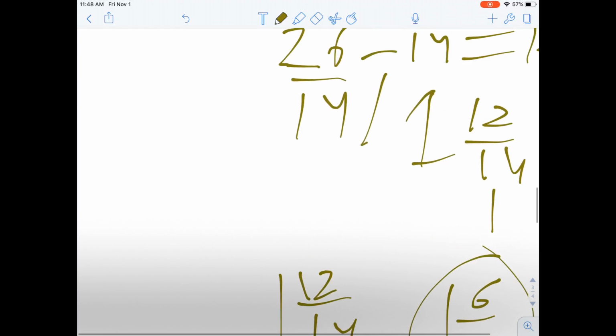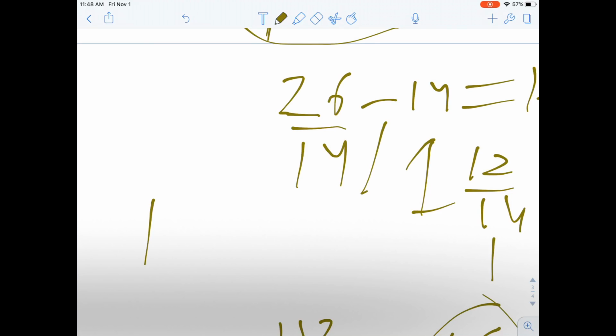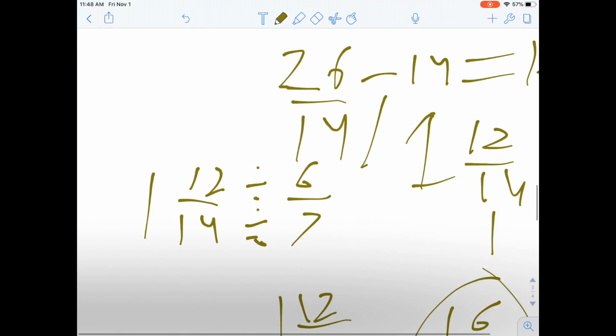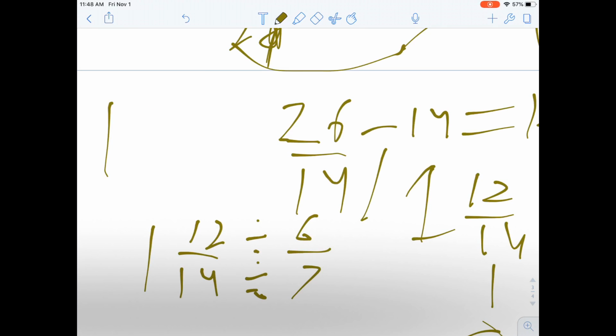But we need to simplify it. So the way I simplify is I divide both numbers by 2. 12 divided by 2 equals 6, and 14 divided by 2 equals 7. And then we add the 1, which gives us 1 and 6/7.